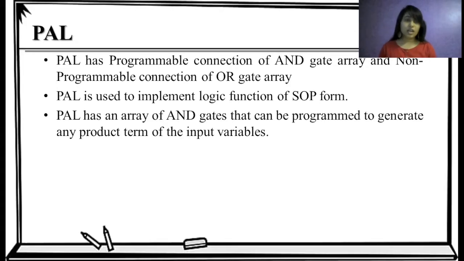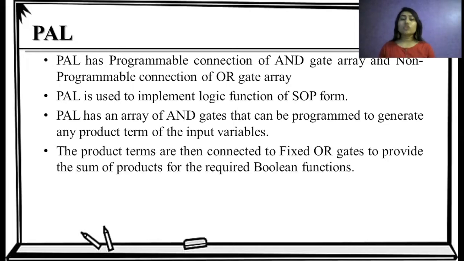PAL has an array of AND gates that can be programmed to generate any product term of the input variables. Here, using AND gates we can implement a product term of this SOP form.